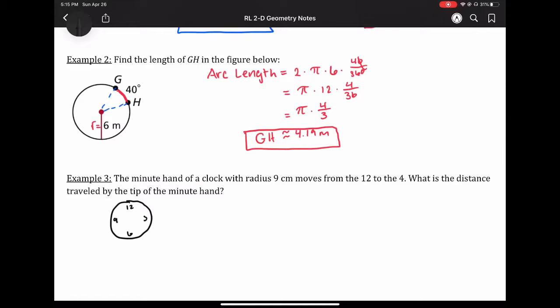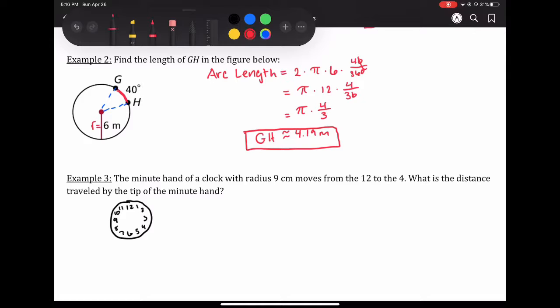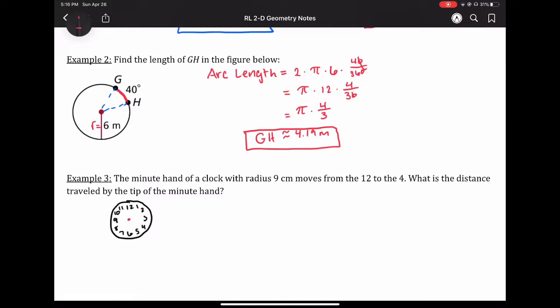So I have 1, 2, 4, 5, 7, 8, 10, 11. There is our clock. We have to put our hands in there. It starts in the center, and it says that our hand travels from the 12 to the 4.